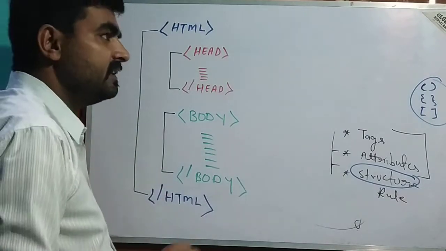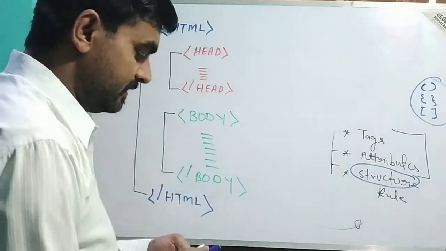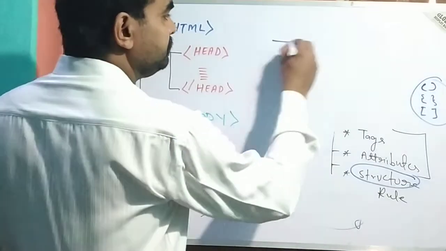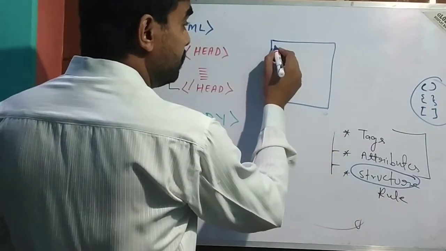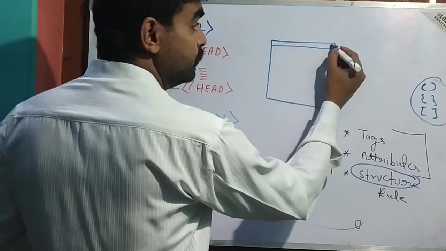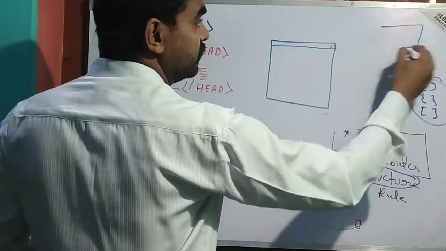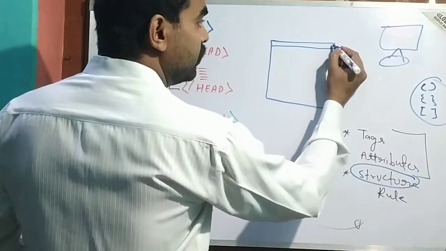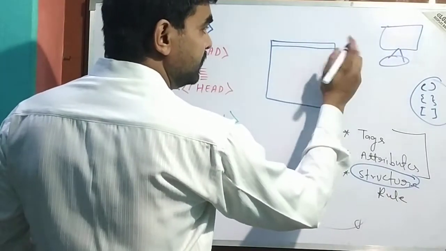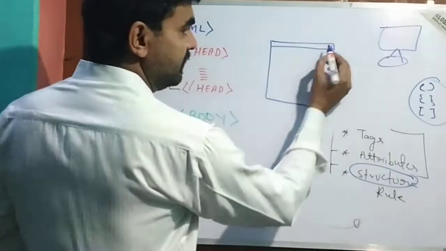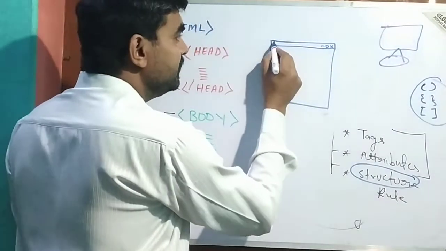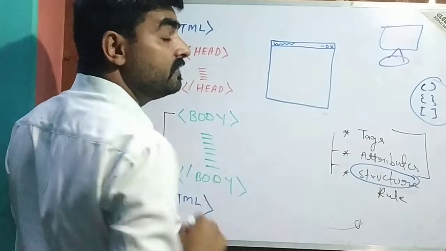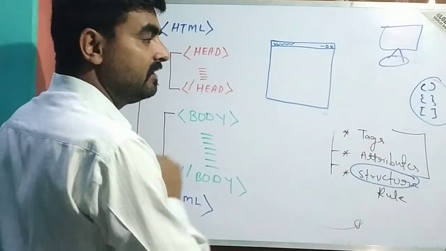Okay, student. Suppose you are using the internet, you will get a screen, and in this screen, at the top part, suppose you are using it on the desktop, you will find a close button, then a maximize button, then a minimize button, and here the name of the browser will be there.